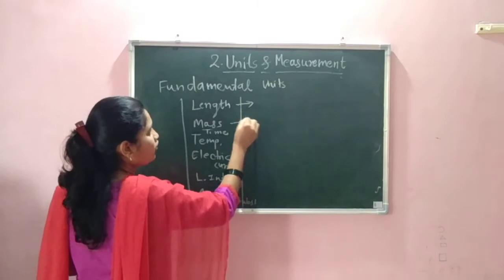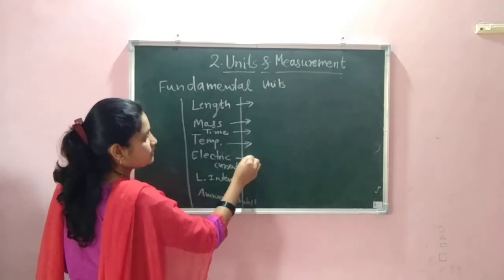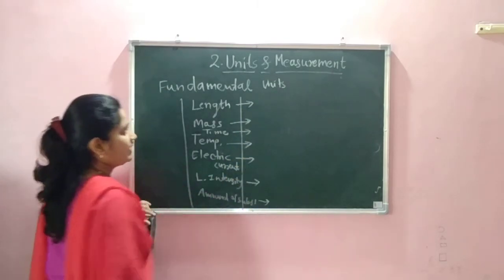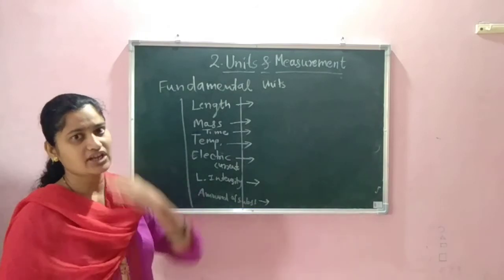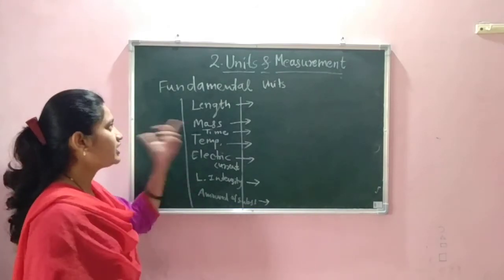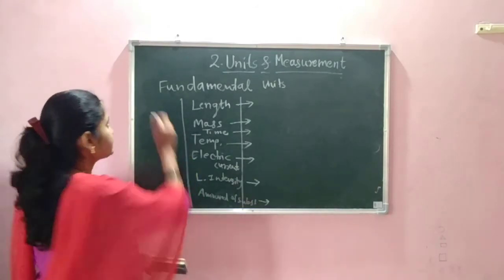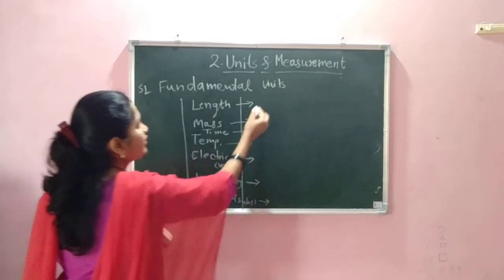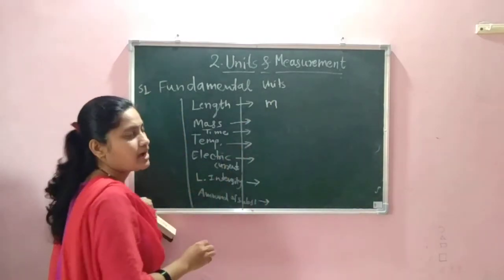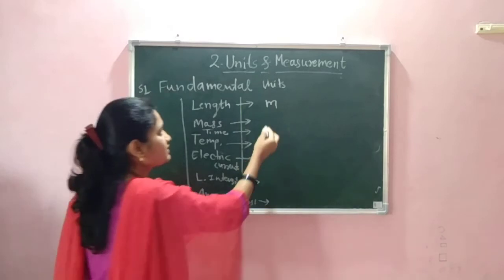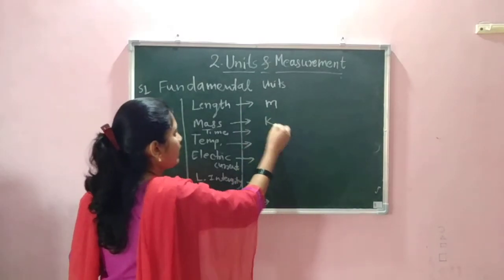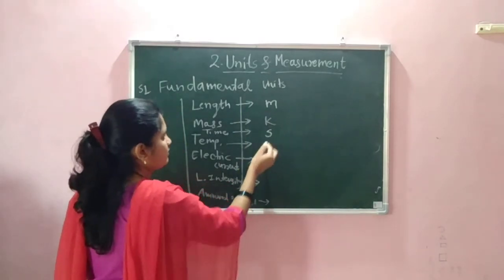So what are their SI units? SI means the International System of Units. For length, the SI unit is meter. For mass, kilogram. For time, second.